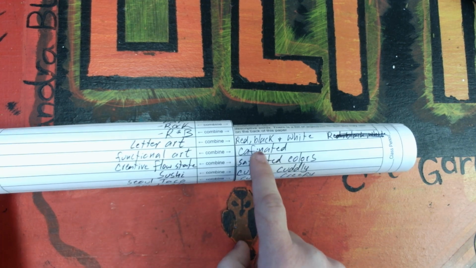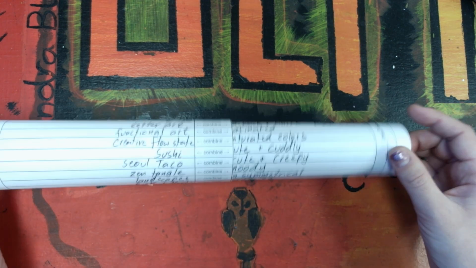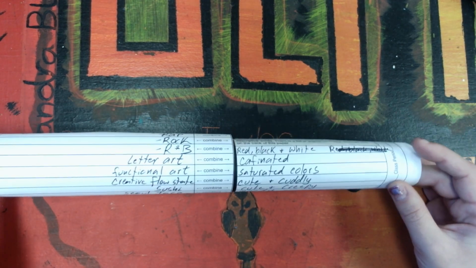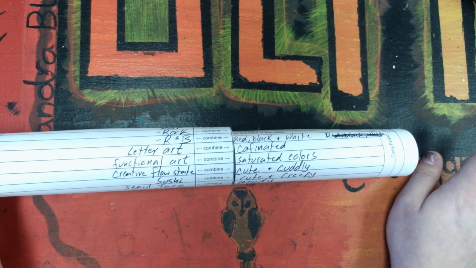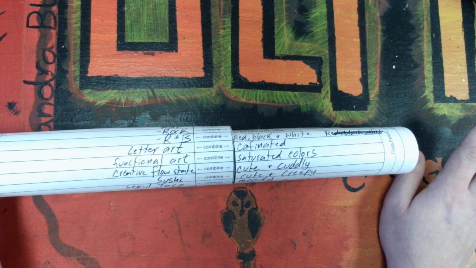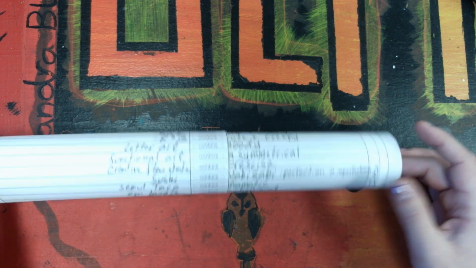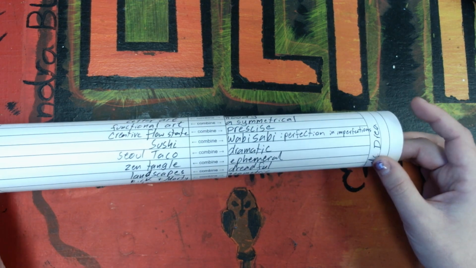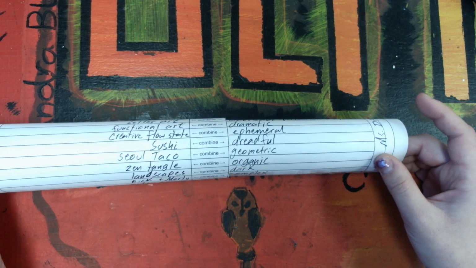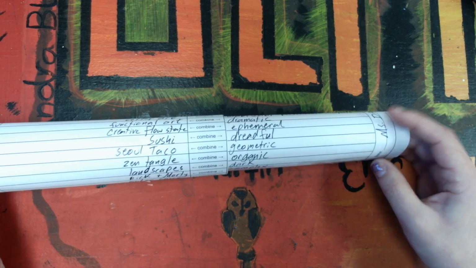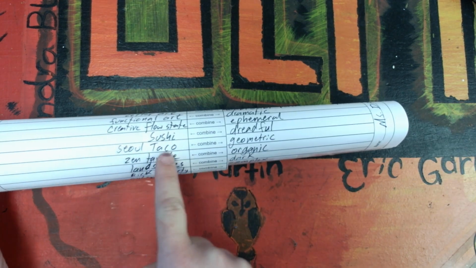Functional art that's caffeinated. Ah, that's kind of the same thing. A coffee cup, something like that. Oh, or it could even be like clothes that you wear when you feel super high energy and caffeinated. What about, ooh, a geometric representation of Soul Taco.